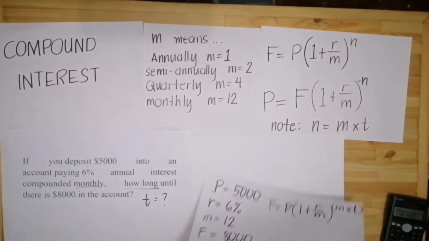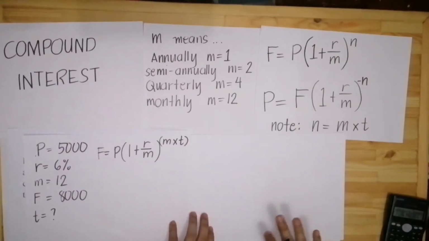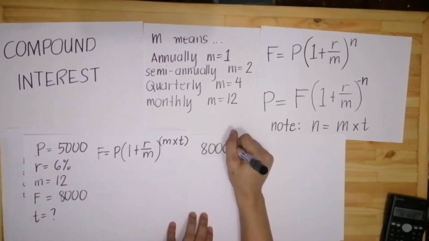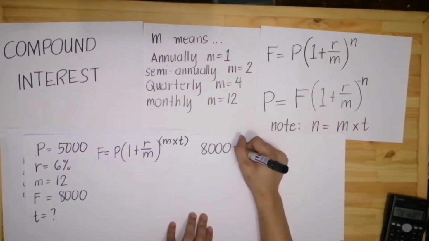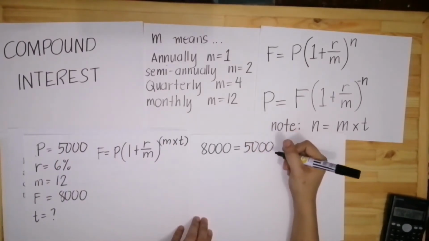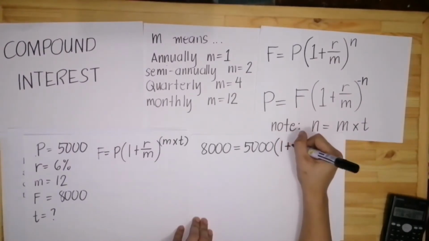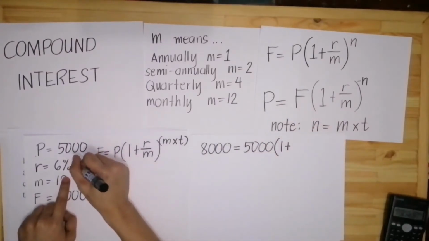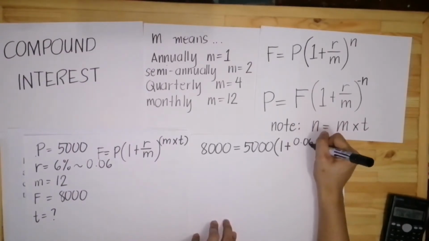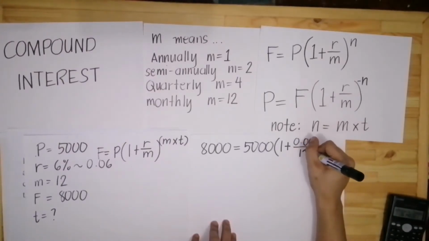Okay? So, solve natin. Ilagay lang natin yung mga values. Medyo mahaba lang yung solution pero madali lang din to. So, the future value is 8,000 equals yung P natin ay 5,000, times the quantity of 1 plus R over M. Yung R natin ay, itong 6% ay equal lang sa 0.06, converted into decimal, divided by M. Yung M naman natin ay 12.